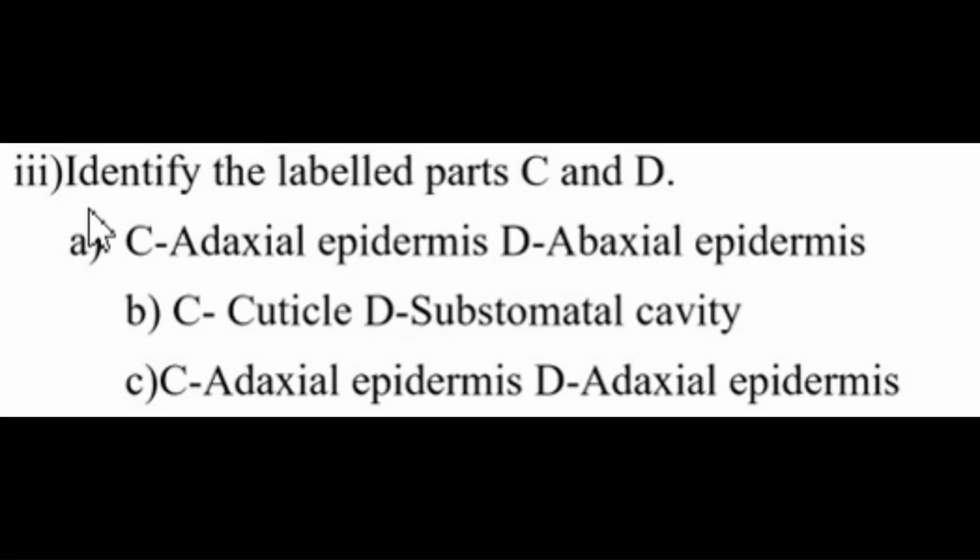Third part of question is identify the labeled parts C and D. Option A, C means adaxial epidermis, D means abaxial epidermis, and option B is C denotes cuticle, D denotes substomatal cavity, and option C says C is adaxial epidermis and D also adaxial epidermis.